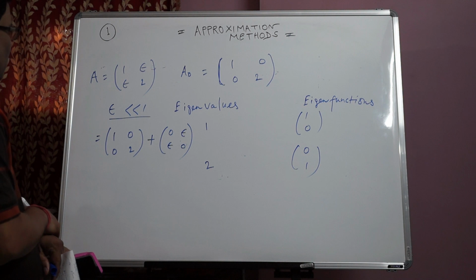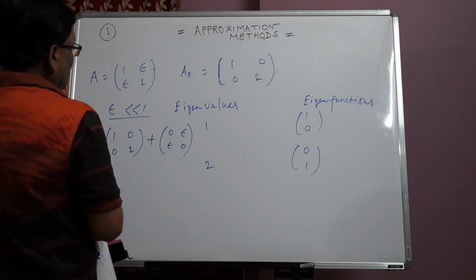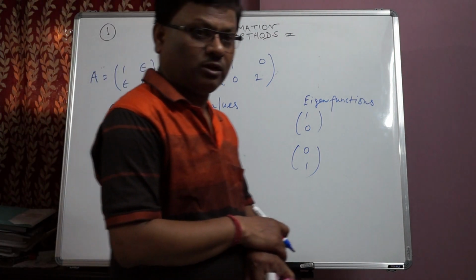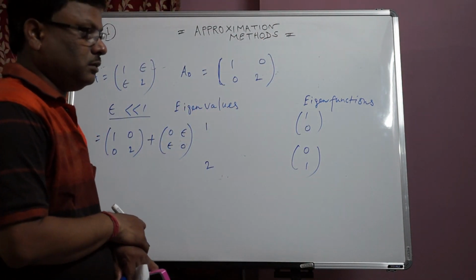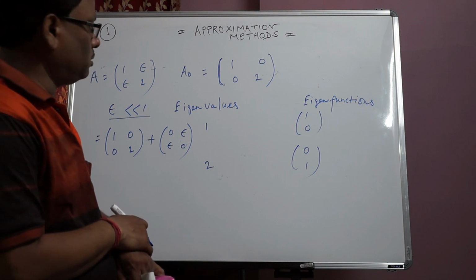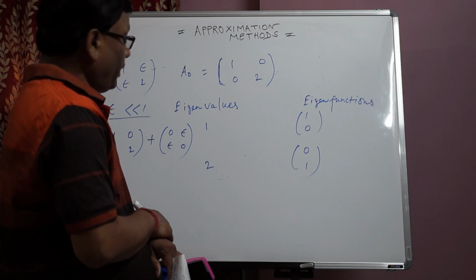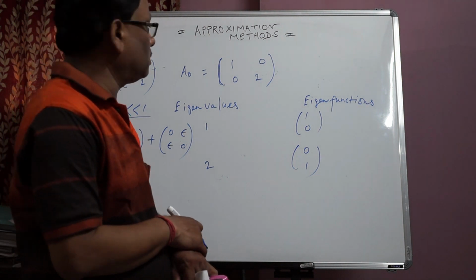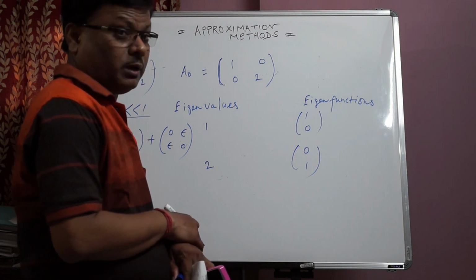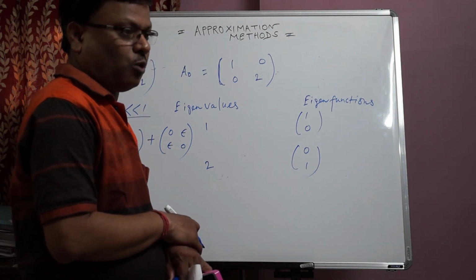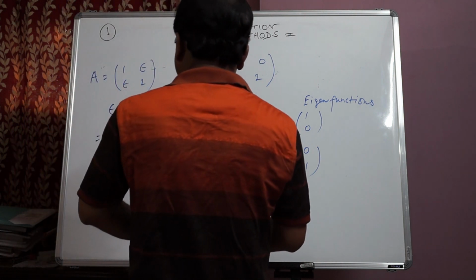So we can diagonalize this matrix A either by direct full diagonalization or by applying the perturbation method, provided the perturbation, here epsilon or the off-diagonal part, is much less than the diagonal values, from which we get unperturbed eigenvalues and eigenfunctions.